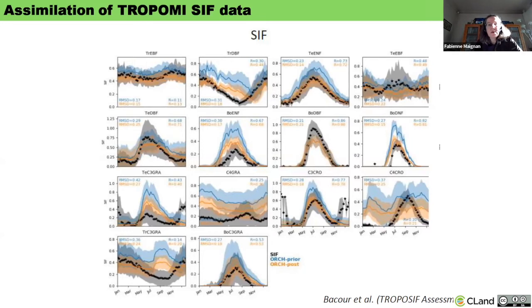After the data assimilation of TROPOMI SIF, we see a drastic improvement in the simulated SIF, closer to the observation, and basically we reduce the amplitude of the SIF signal.